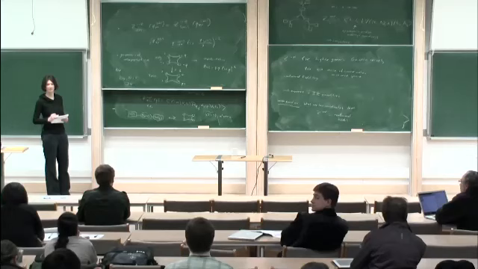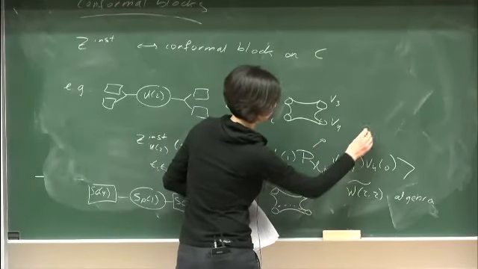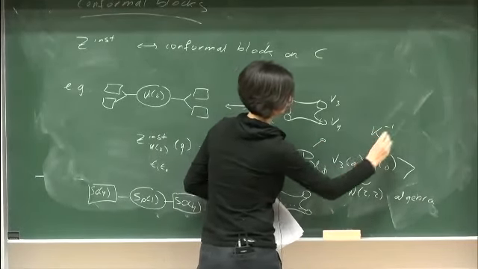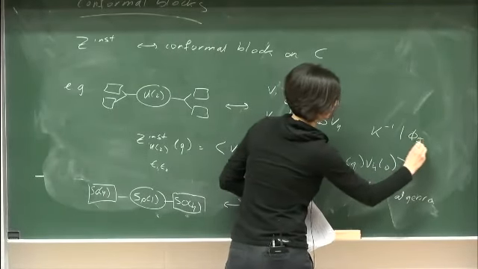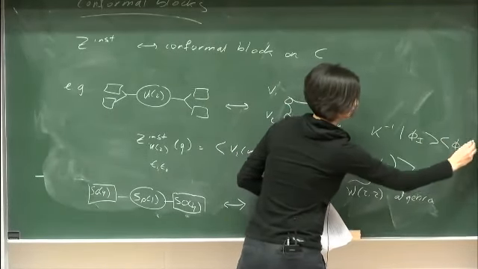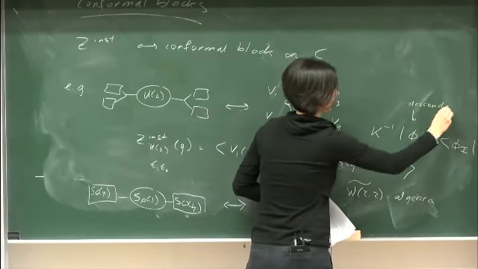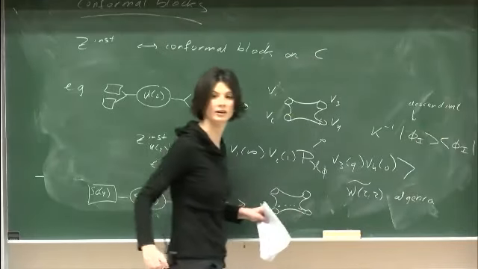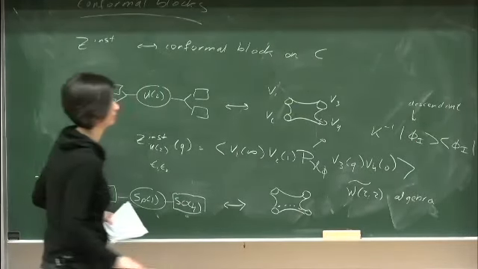Could you explicitly write what the operator in the middle of the component is? Yes, so it's a projector. I'm not sure whether I can write it. It's something like the inverse of the Gram matrix and a complete set of, so these are all the descendants of this primary field phi that has weight related to the Coulomb parameter.